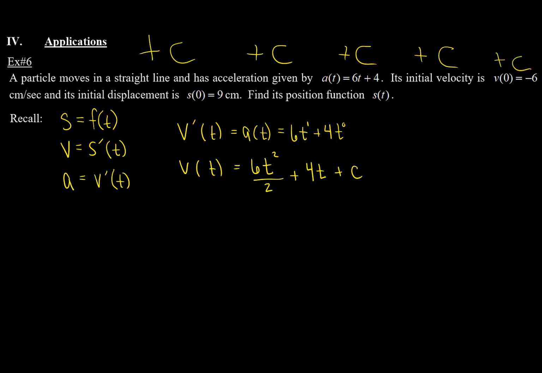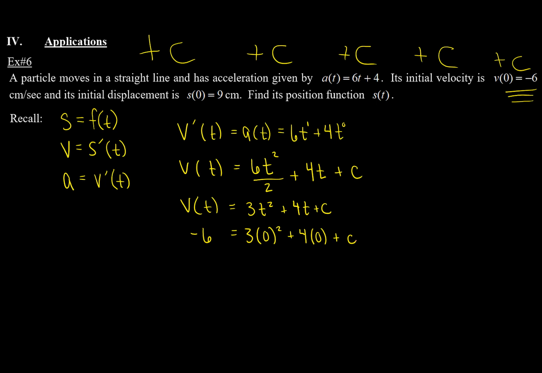Next. They've given us this information here so I can do some plugging and chugging. So v of 0 is negative 6. Let me just clean house. Simplify this bad boy. Okay, so v of 0 is negative 6. And then I'm going to have 3 times 0 squared plus 4 times 0 plus c.